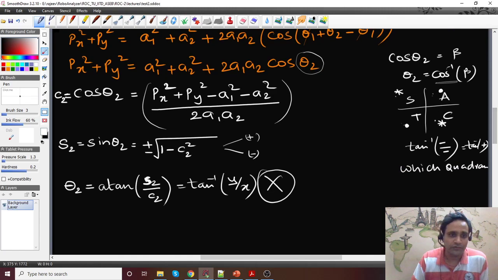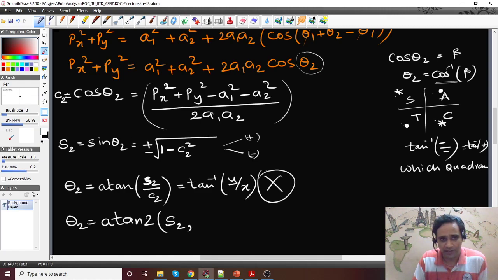Instead, what do we use? We are going to use something known as the atan2 function, which takes two parameters. The first parameter corresponds to the sine term, and the second corresponds to the cos term, y and x, sine and cos.